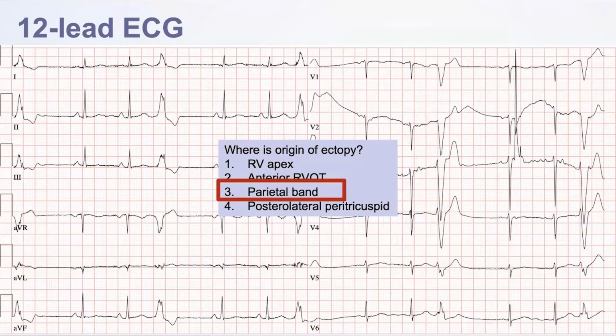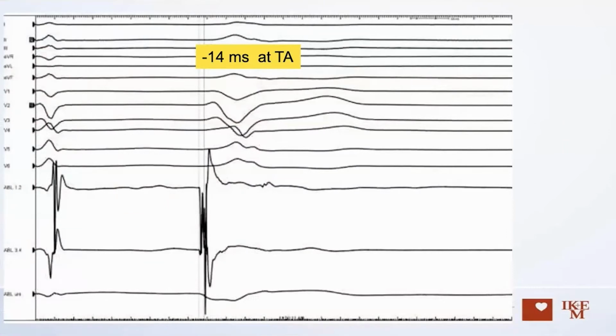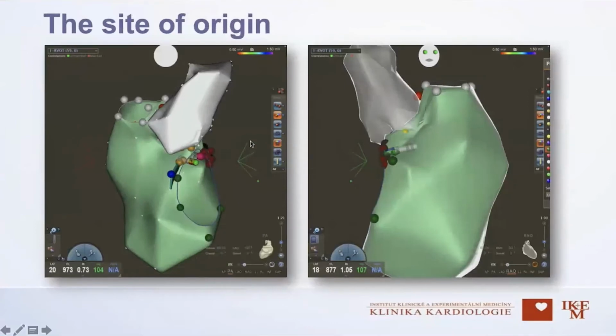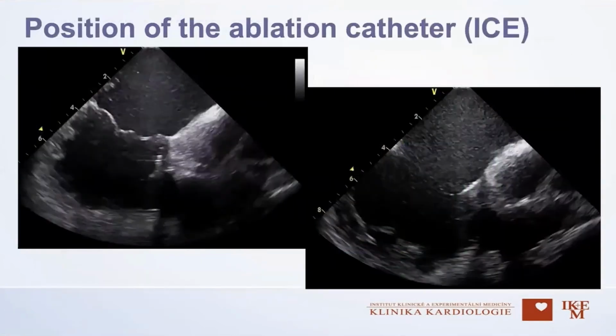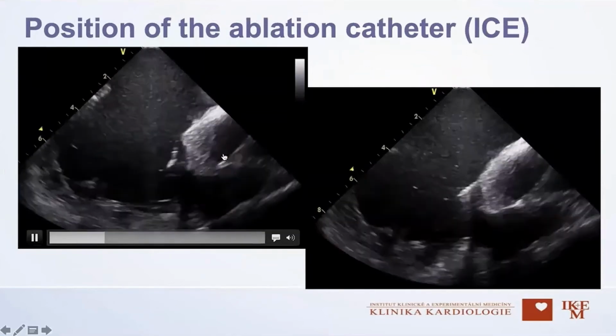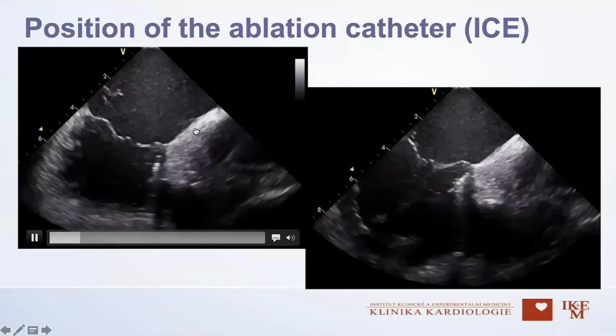And this is a structure of muscle which is close to the tricuspid valve, and I will show you immediately. And this was a site of ablation. You see 14 milliseconds. And you see here is the aorta, and here you see the right ventricular outflow tract, and this is the tricuspid annulus, and here a little bit lateral from the tricuspid annulus is this structure, which could be seen in the next slide.